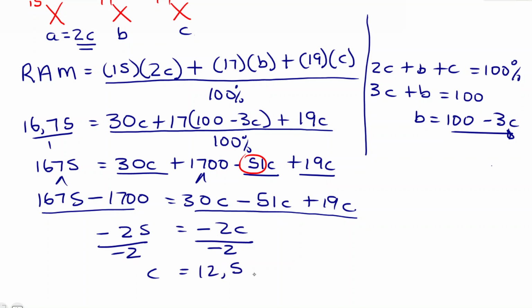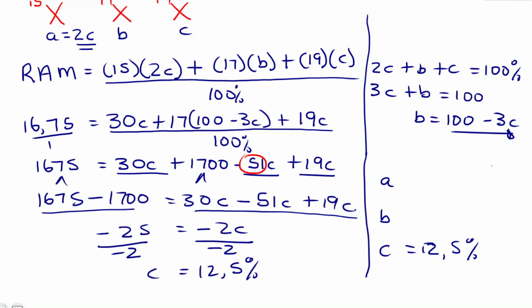So remember, it's 12.5%. That is the percentage abundance of C. Remember, we are looking for A, B and C. So we know the percentage abundance for C is 12.5%.